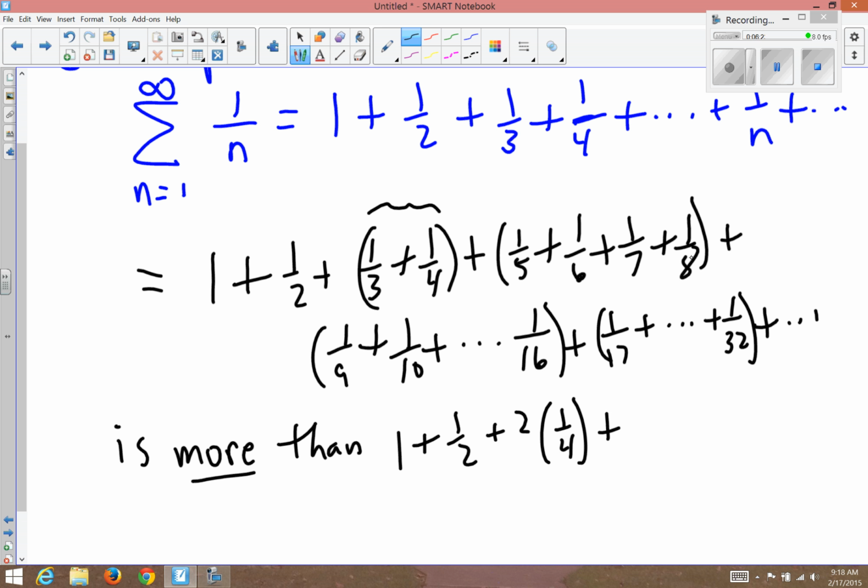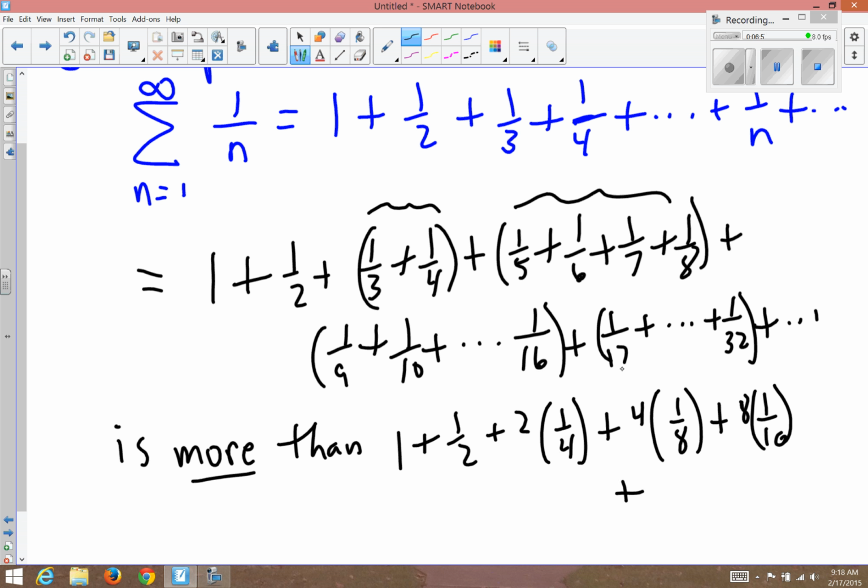These 4 terms would be more than 4 times 1/8, because each of these fractions up to the 1/8 is more than 1/8. These 8 terms are more than 8 times 1/16, because each of the fractions before the 1/16 is more than 1/16.